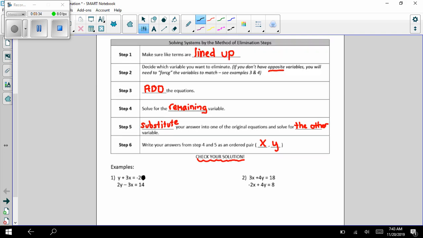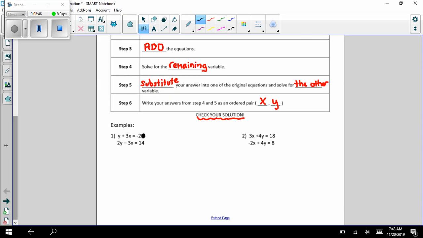Step 2 says decide which variable you want to eliminate. It says if you don't have opposite variables, we can stop there, because we do have opposite variables. What I want you to notice about this system of equations is that the y and 2y are not opposites. But the positive 3x and the negative 3x are.